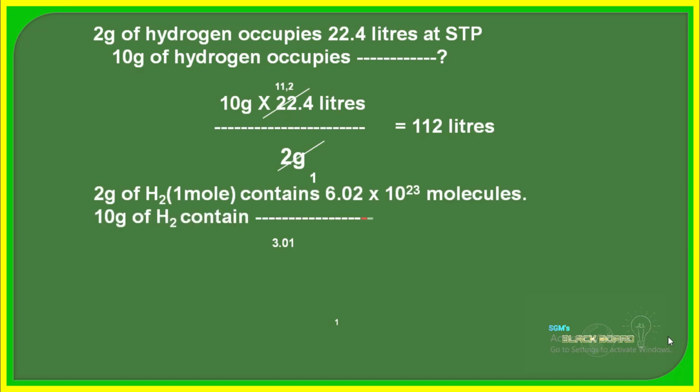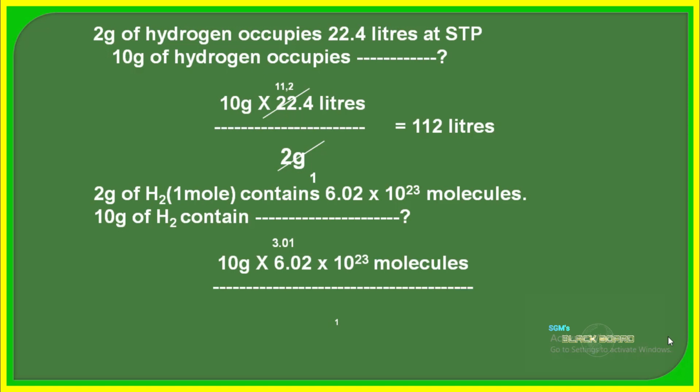2 grams of hydrogen means 1 mole, containing 6.02 into 10 to the power of 23 molecules according to the Avogadro number. So how many molecules are present in 10 grams of hydrogen? Let us calculate: 10 into 6.02 into 10 to the power of 23 molecules divided by 2 grams.